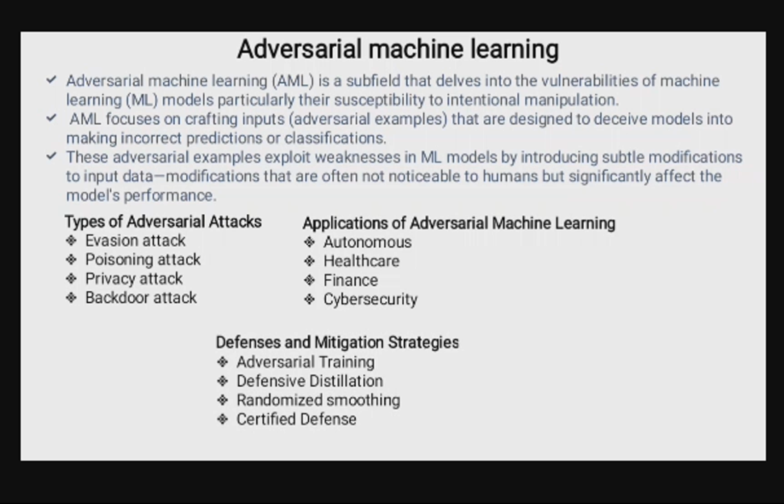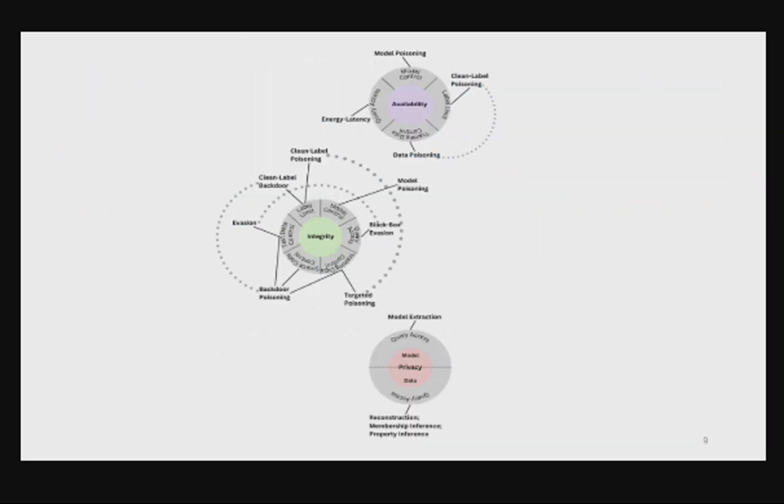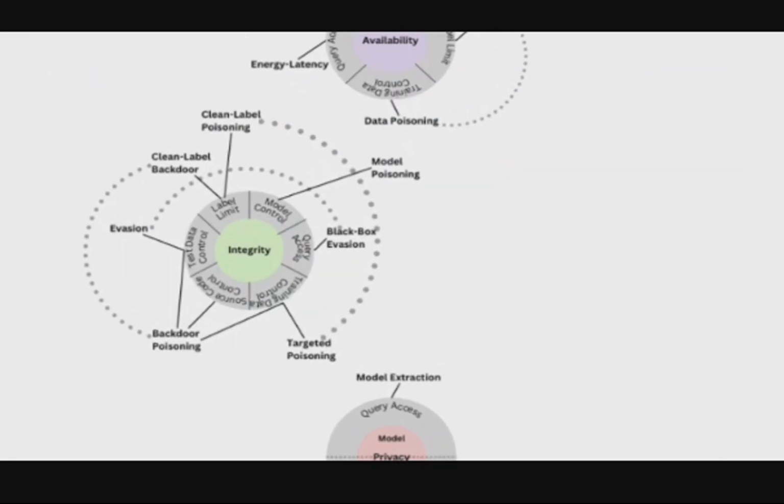The defenses and mitigation strategies, one of them is adversarial training, defensive distillation, randomized smoothing, certified defense. All those are defenses and mitigation strategies in adversarial machine learning.